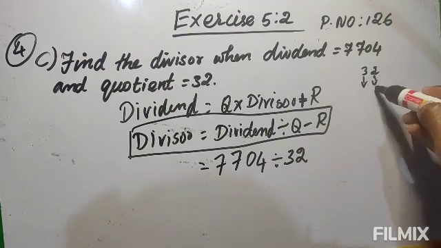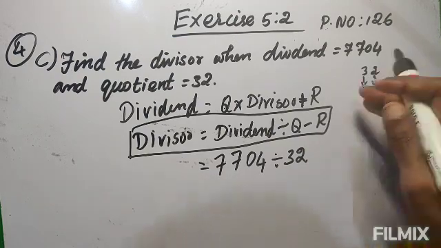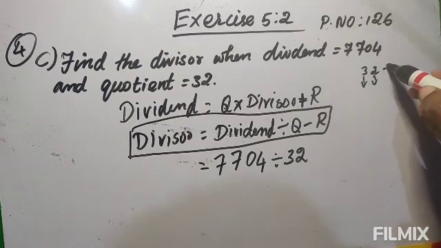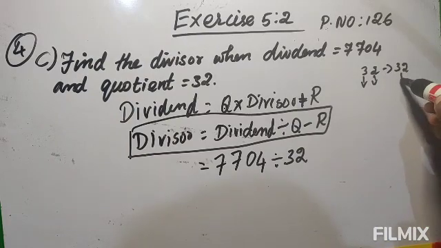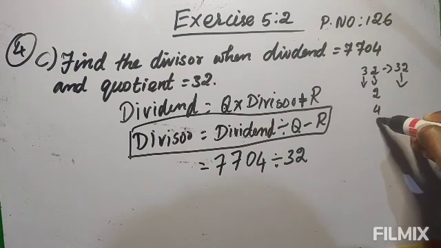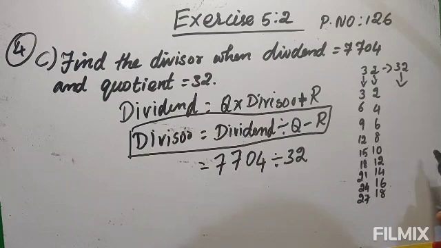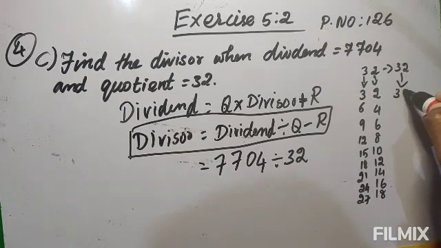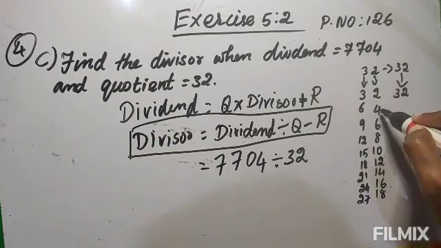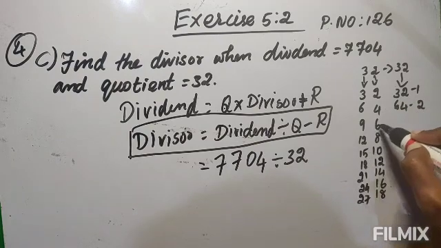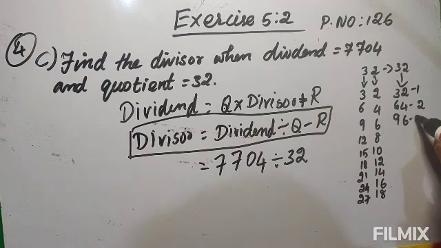You write the 2 table and 3 table, then you join it so that you will get the 32 table. I have finished the 2 table and 3 table. Now the 32 table will be this, just join it. So this is 1, 64 will be 2, 96 is 3.